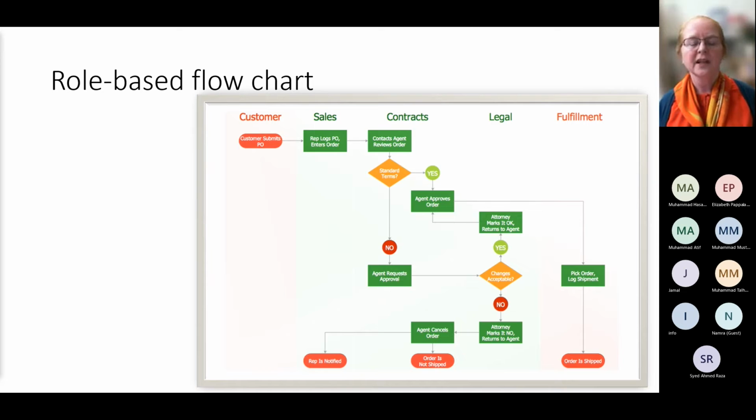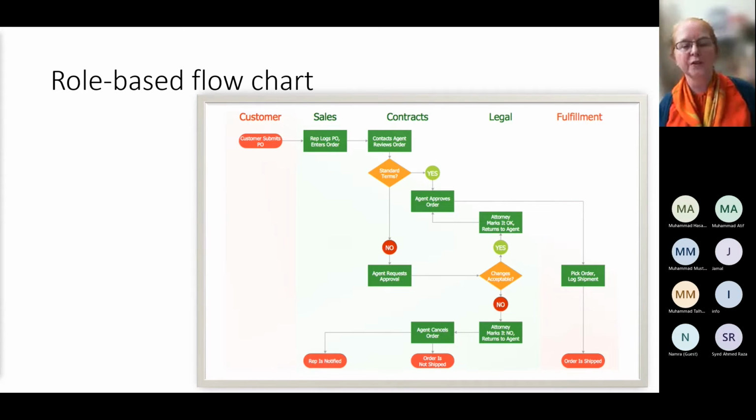Now, these are very, very different processes. This is not the same process as on the previous slide. But the big difference between this style and the previous style is this gives us the roles, not individual people, but it gives us all of the roles that are involved in a particular process and what each of those roles does.